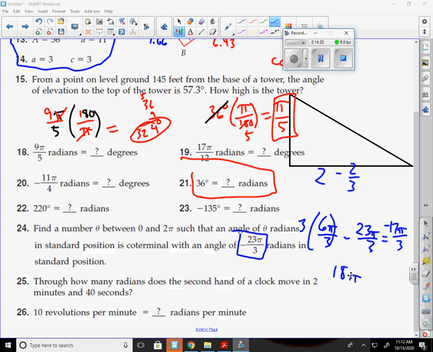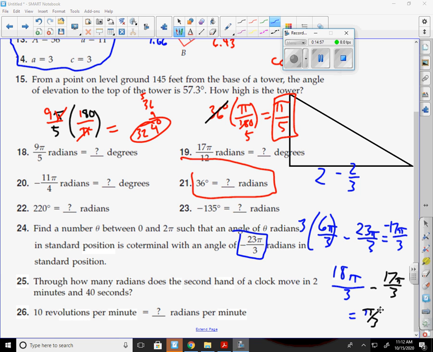And now when I do that, 18 pi over 3 minus 17 pi over 3, I'm going to get my answer of just pi over 3. That is between 0 and 2 pi. There's a couple different ways to do that, but that's the way I'd like to do it.